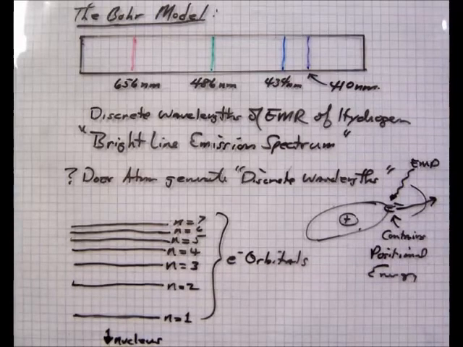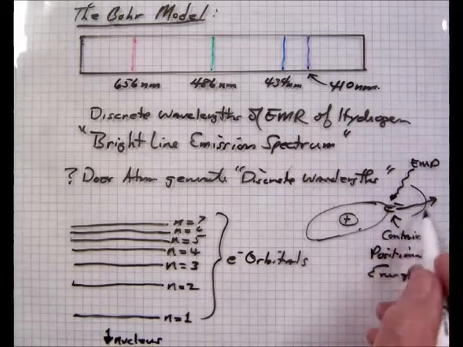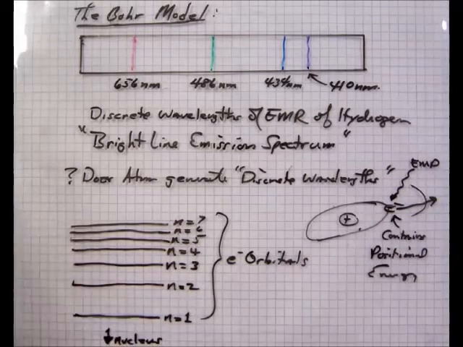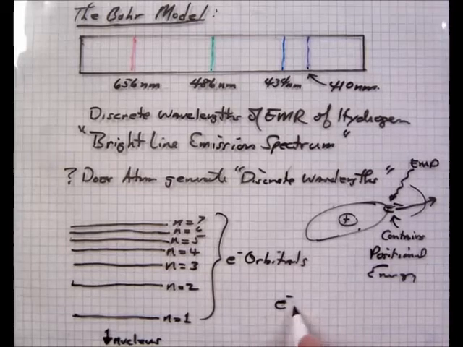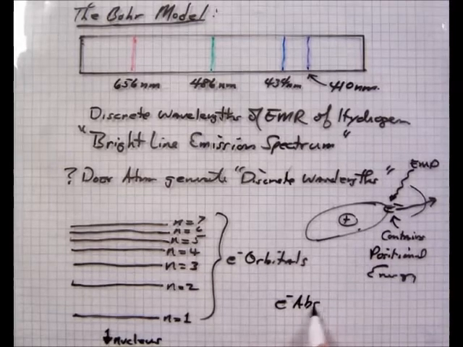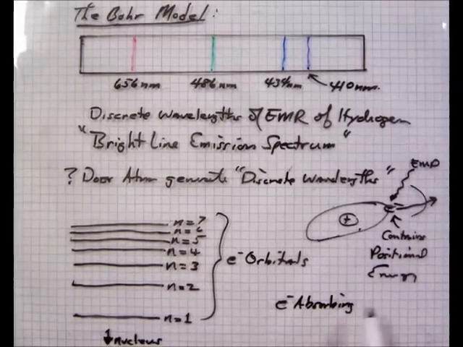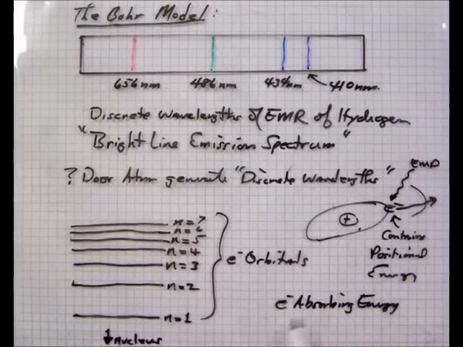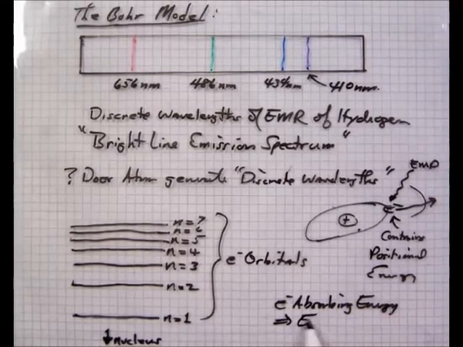It'll be promoted to a higher energy level. It's called an excited state. When the electron jumps out of whatever orbital it's in and goes up, an electron absorbing energy is called an excited state.